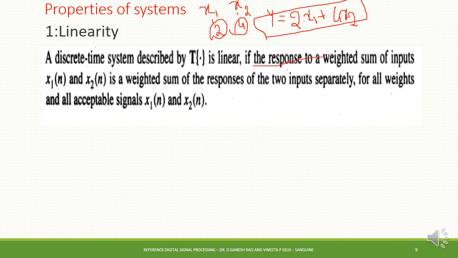We will see the definition once again. If the response to a weighted sum of inputs x1 of n and x2 of n, the two weighted inputs, is the weighted sum of the response to the two inputs separately, for all weights and all acceptable signals x1 of n and x2 of n.